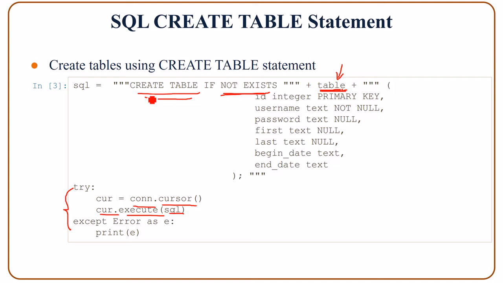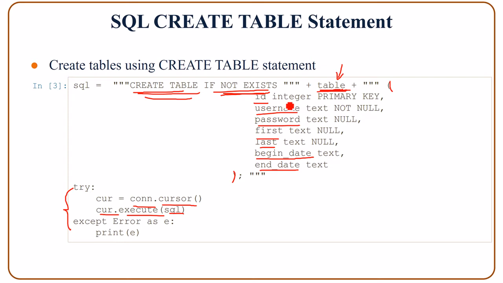Looking at here, you can see the statement is CREATE TABLE IF NOT EXISTS and then the table name, and then in the parentheses we have a list of fields such as ID, username, password, first, last, begin date, and end date.